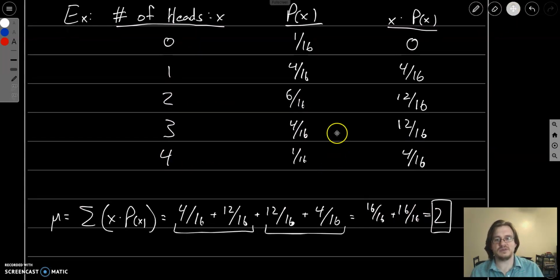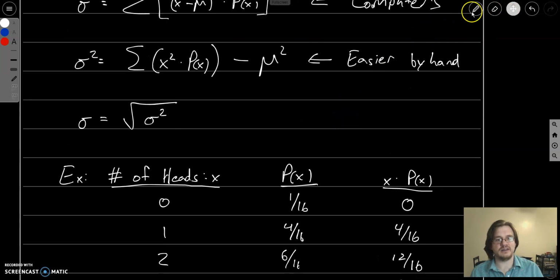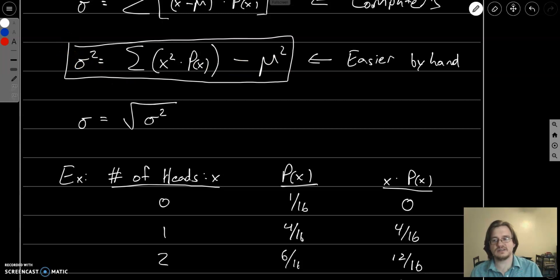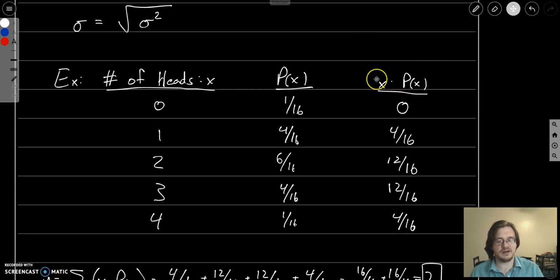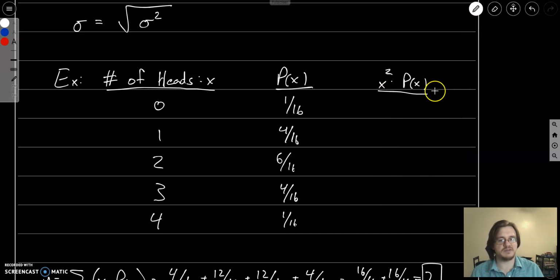Now let's compute the standard deviation. What I'll do is I'll calculate the variance first and then take the square root. So this formula is nearly the same, except that instead of looking at x times p of x, what we want is x squared times p of x.